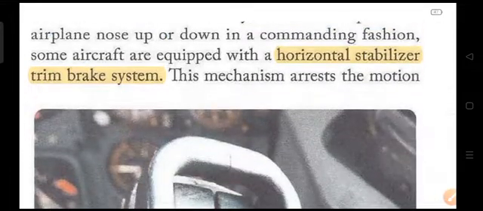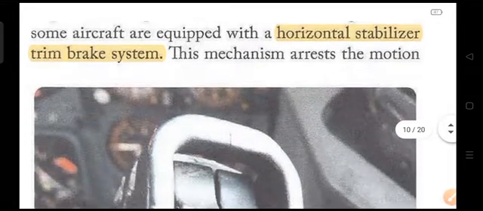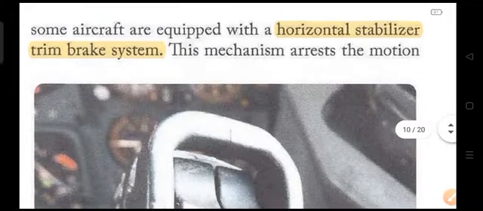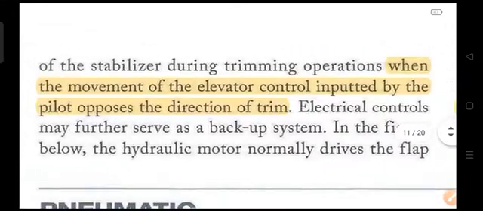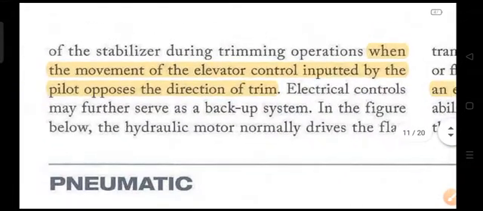A horizontal stabilizer trim brake system is there, which is also used to arrest the motion of the stabilizer during trimming operation when the movement of the elevator, controlled by input from the pilot, opposes the direction of trim.